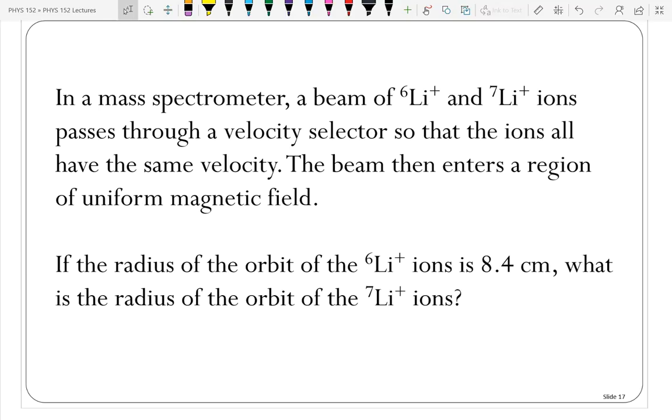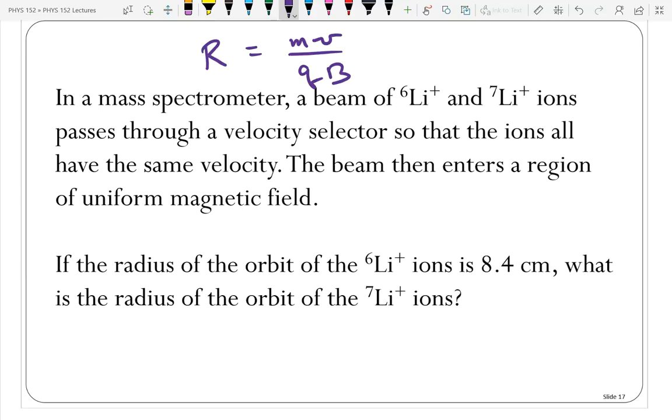This here is going back to the first equation we had, that radius is equal to mv over qB. If a mass spectrometer has a beam of both lithium 6+ and lithium 7+, how much is the radius going to differ if they have the same speed?